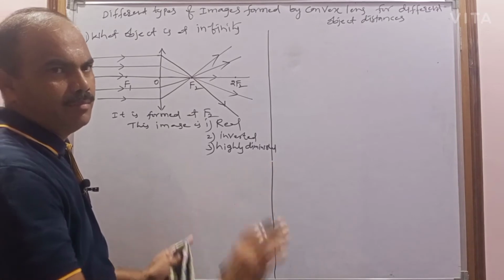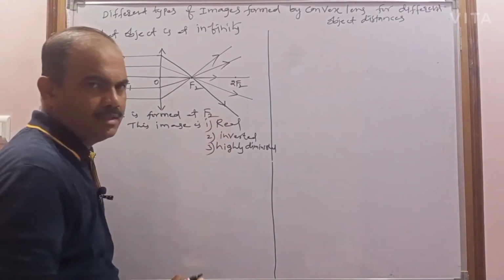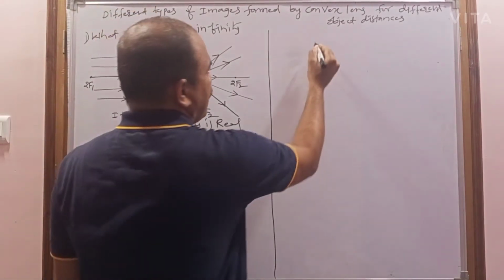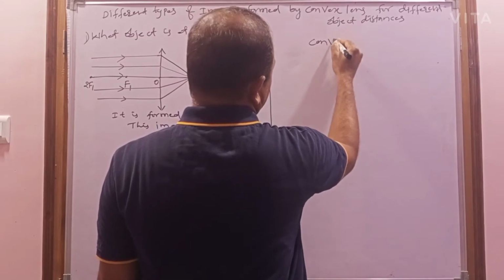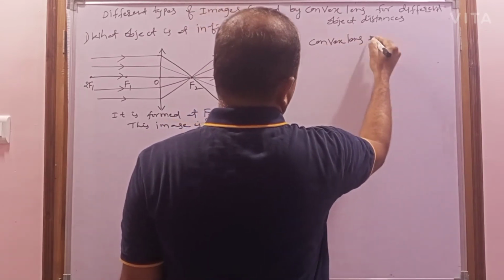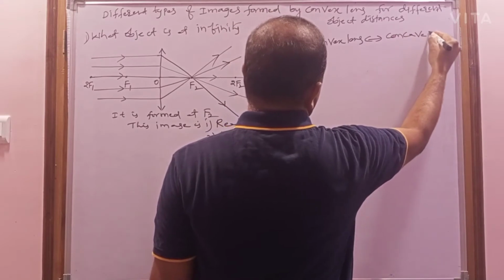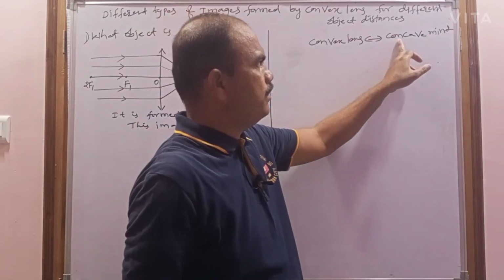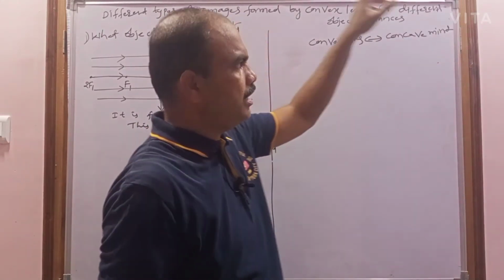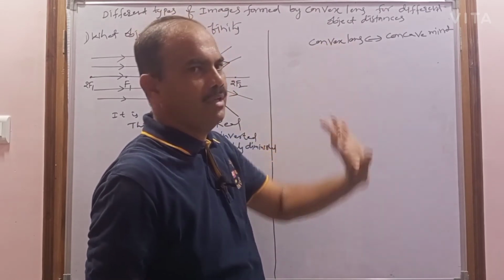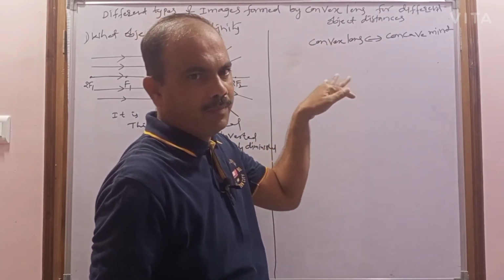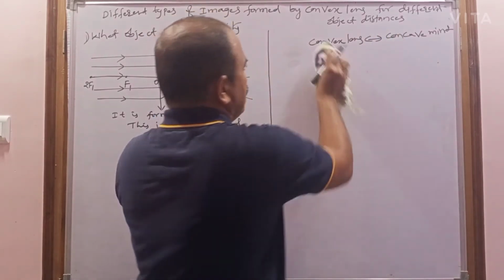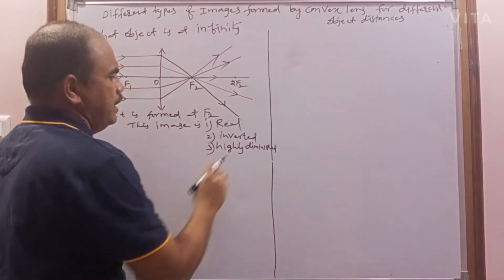So there are similarities in the characteristics of the image between the convex lens and the concave mirror. The convex lens forms images with the same characteristics as the concave mirror. So it is highly diminished.